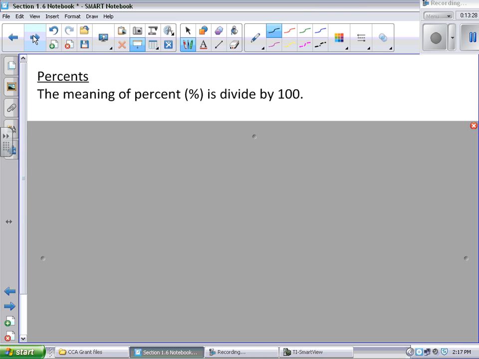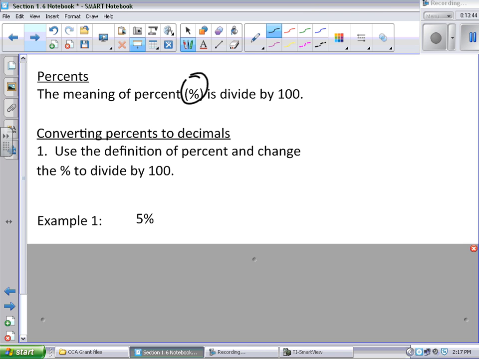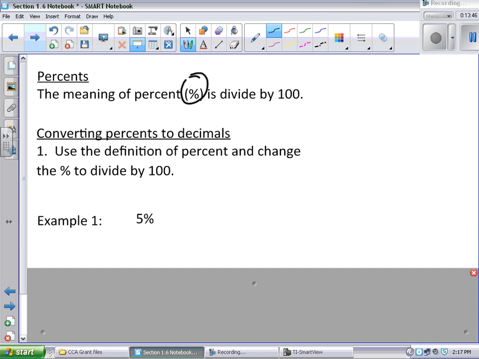Now, what does percent mean? Percent, or the percent symbol, means that we're dividing by 100. If we want to convert percents to decimals, we're going to use that definition of percent and change the percent sign to divide by 100. So 5% really means 5 divided by 100.